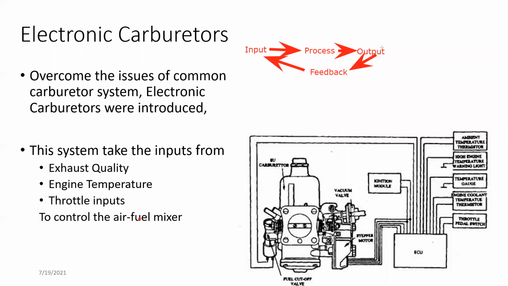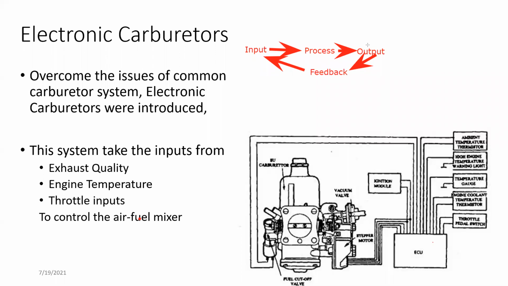Now the output is checked, and we get a feedback on whether the combustion is good. Then we control the input based on that. If combustion is bad, that means we got feedback that there is too much fuel, so we reduce the amount of fuel. This sort of process is called a closed loop process.